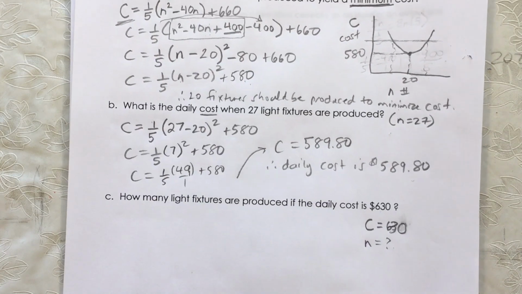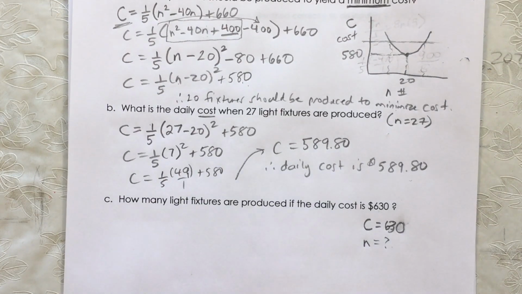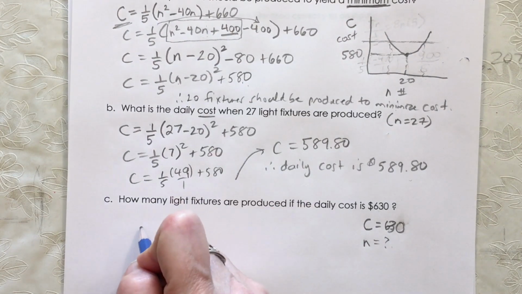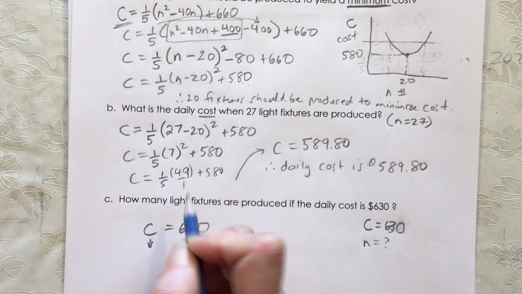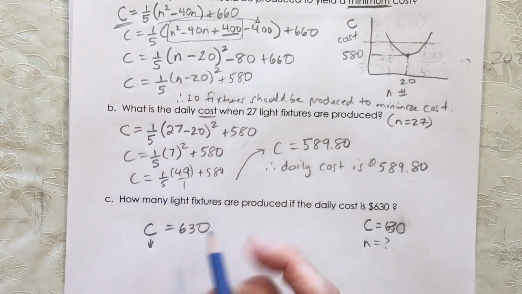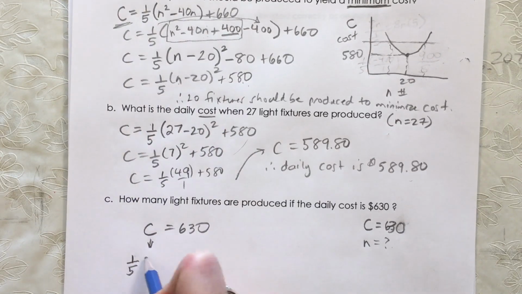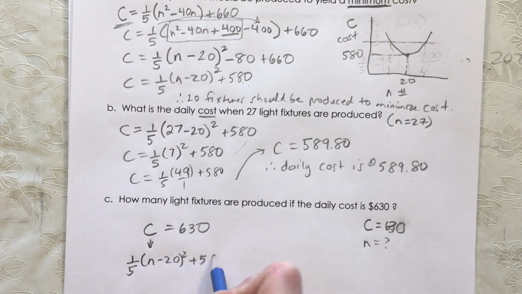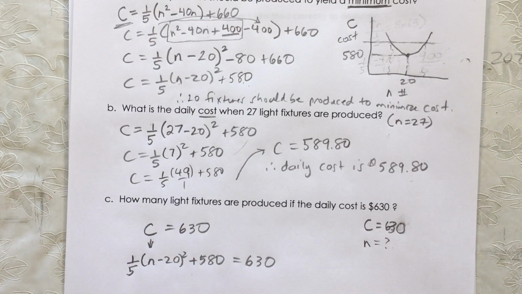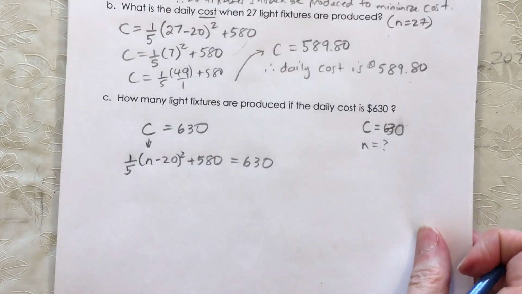All right, so we can use either form again. I'm going to use vertex form, and I'm going to say, starting with C equals 630, but then I can replace C with the vertex form, which is 1/5 (n minus 20) squared plus 580. And then use reverse BEDMAS.